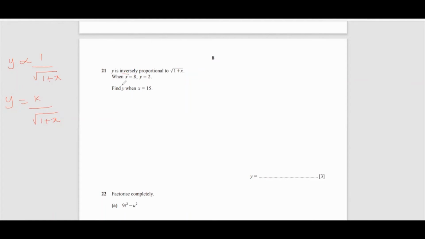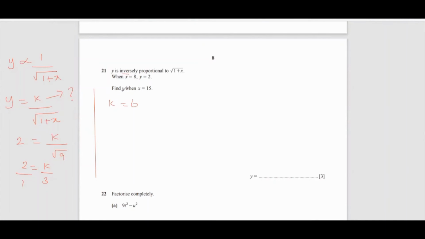You need to find the constant k. When x is 8, y is 2. Let's replace y by 2: 2 equals k over the square root of 1 plus 8. 1 plus 8 is 9, and the square root of 9 is 3, so 2 equals k over 3. When you do the cross multiplication, you get k is 6.